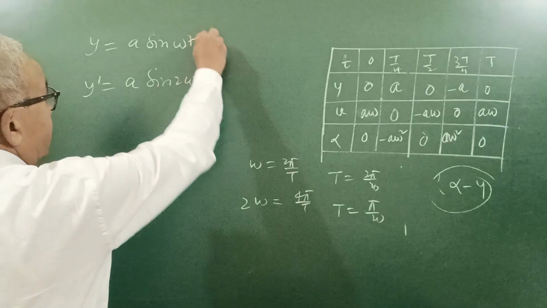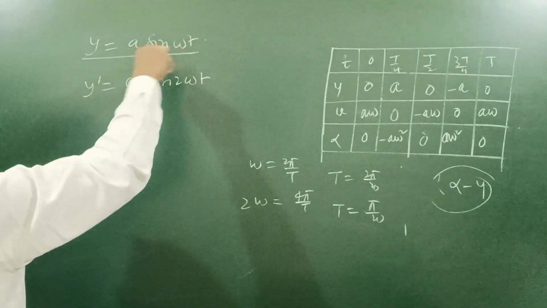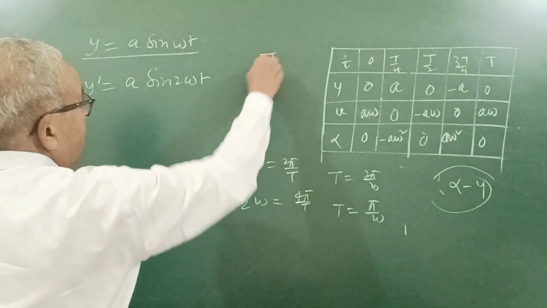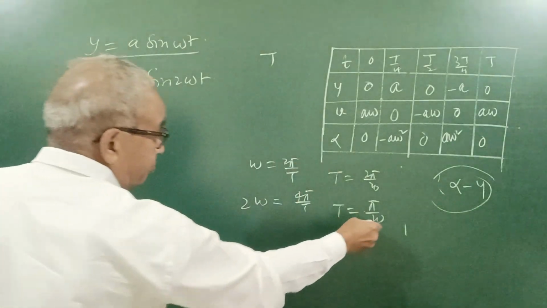So what does it mean? This means in this equation, the body completes one cycle in some time t. So this body will complete 2 cycles in the same time.